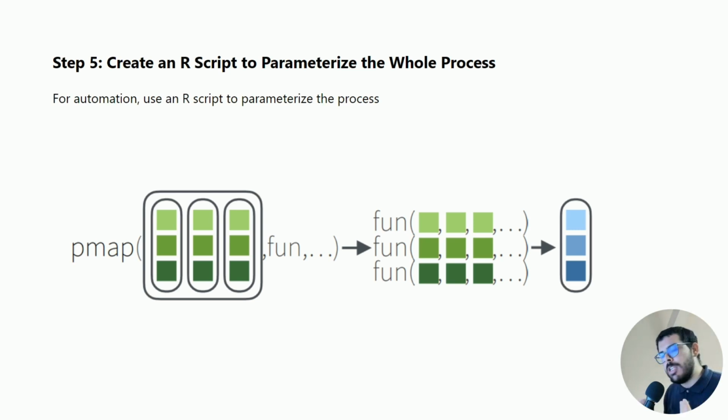The idea of the pmap function is that it allows us to use a function that contains multiple inputs or parameters, and basically use some kind of a list or a table and plug the variables of the table into the parameters.